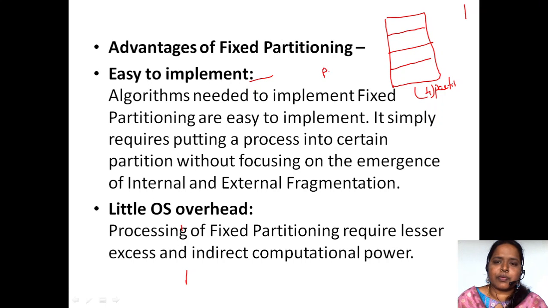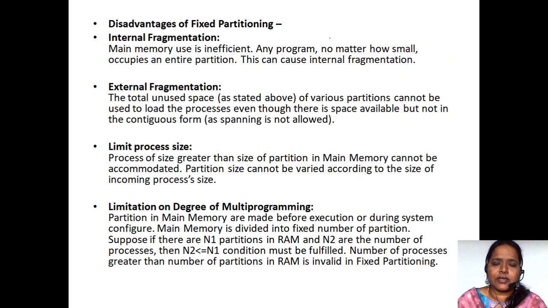Because if process P1 is there, we allocate the whole process at a single place only. So easy to implement, with little operating system overhead. Overhead in the sense that the operating system doesn't have to check different places where P1 has been stored, because we store all of P1 in a single space. So that is the advantage.